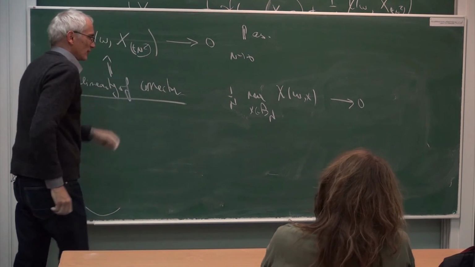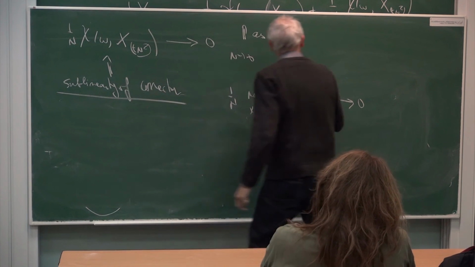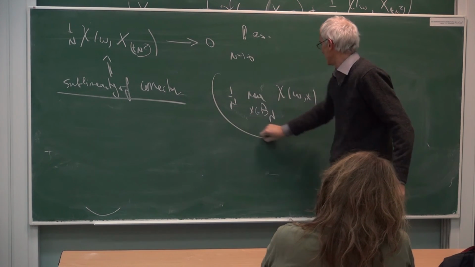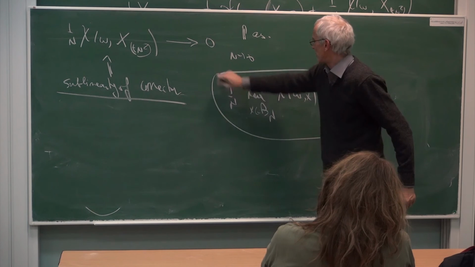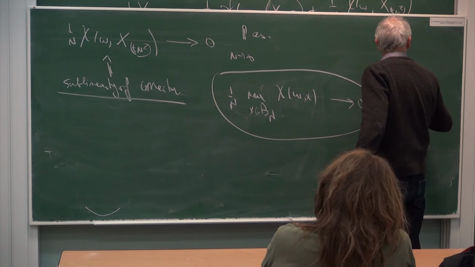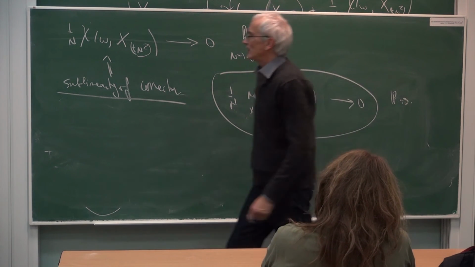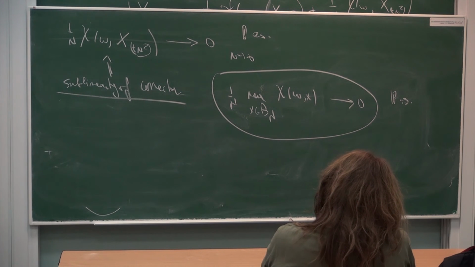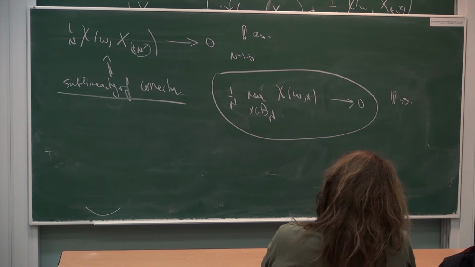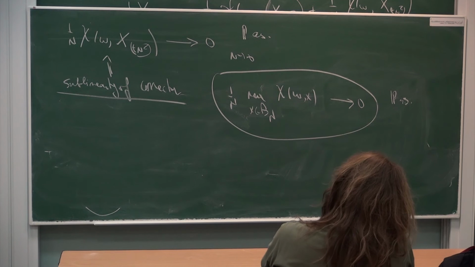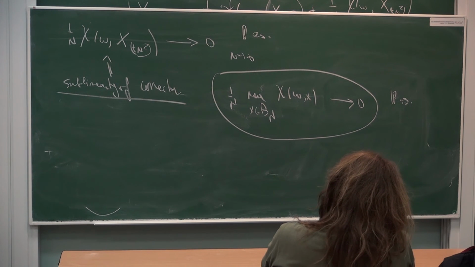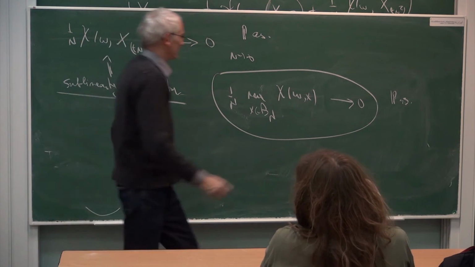So the first thing you're going to prove, so this is a challenge. This is the reason why it took about 20 or 25 years to go from Kozlov, which is just on average, to the quenched part.